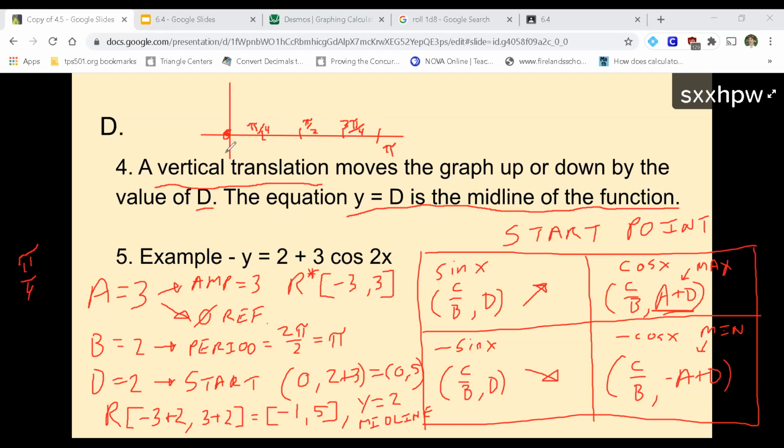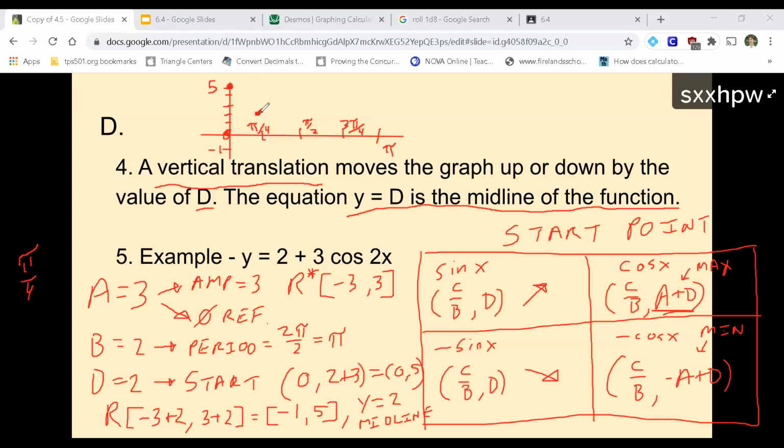We're going to go, our range is from -1 all the way up to 5. And again, cosine, we're going to start at 5. So we will start at 5. And then the intercept is no longer at 0, right? The next point, our midline, is now at 2. So our middle is no longer at 0.